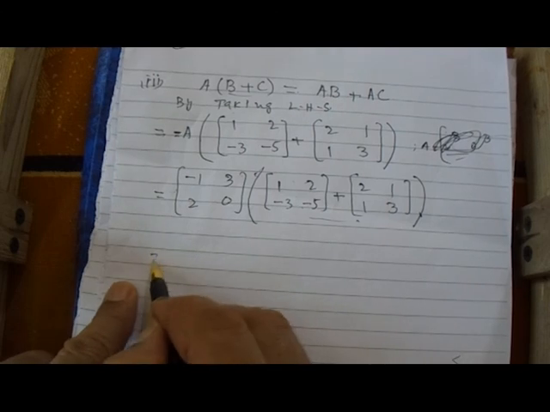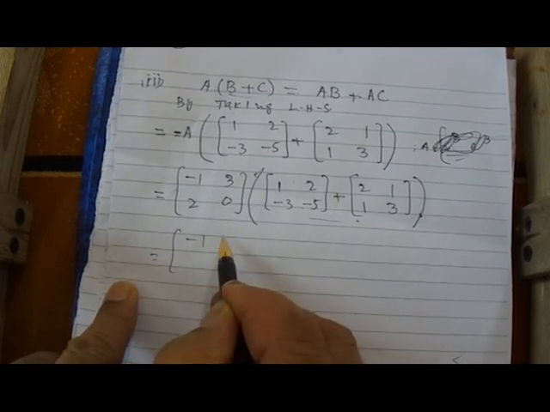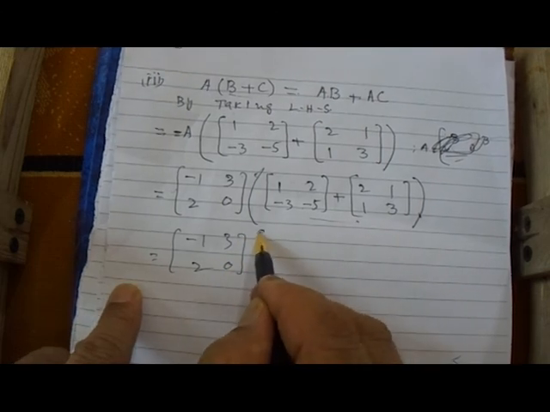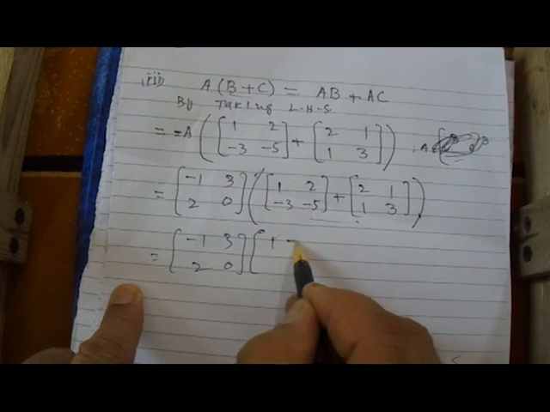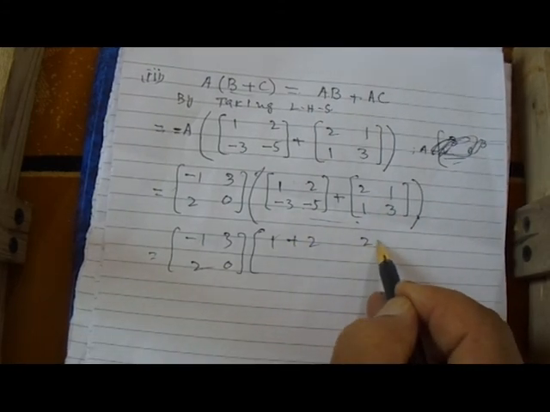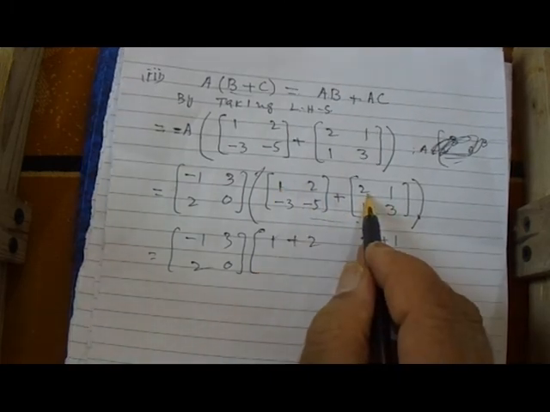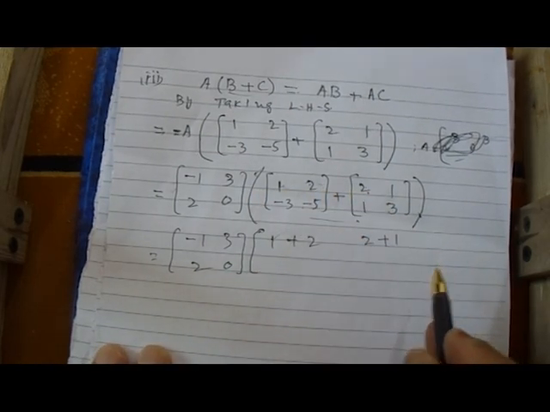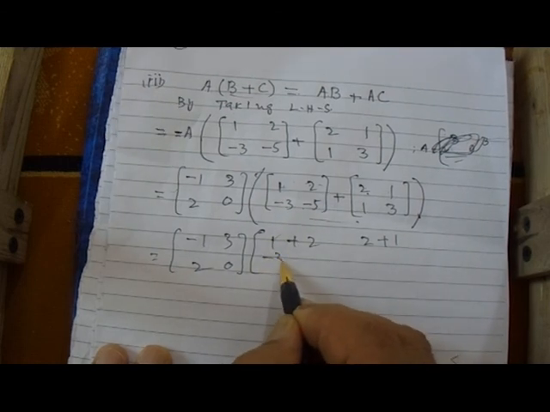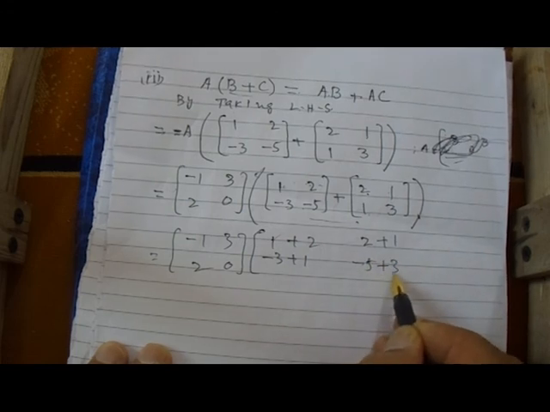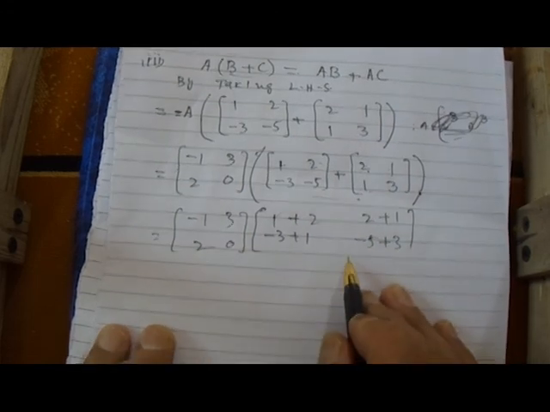We write here minus 1 3 and 2 0, and we add 1 plus 2, and again 2 plus 1, 1 plus 2 and 2 plus 1, minus 3 plus 1, and minus 5 plus 3.